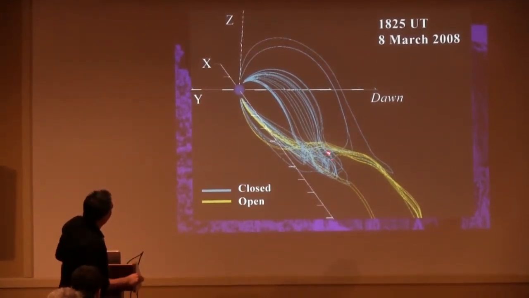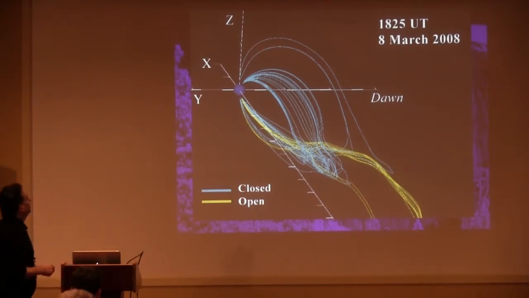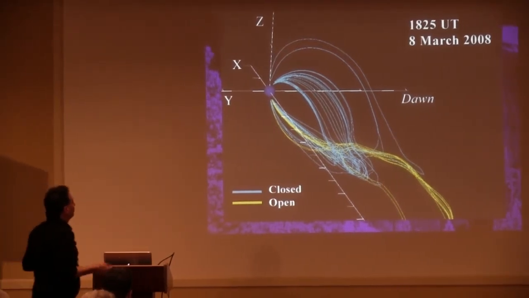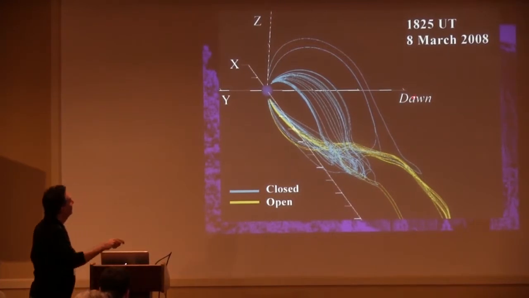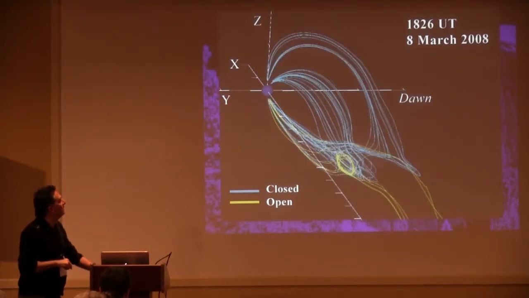Yellow are open, and you can see that there's a lot of structure in the mid-tail region. They're closed field lines, but they're not well-behaved closed field lines that we'd like to see. And we see some stretched field lines in the flanks and these open field lines stretching down the tail. Now, if I start stepping through, here's some very interesting things happening closer to the mid-tail region.